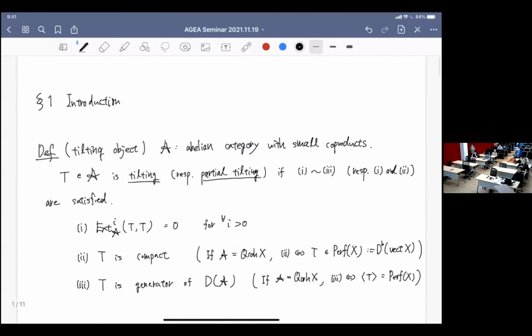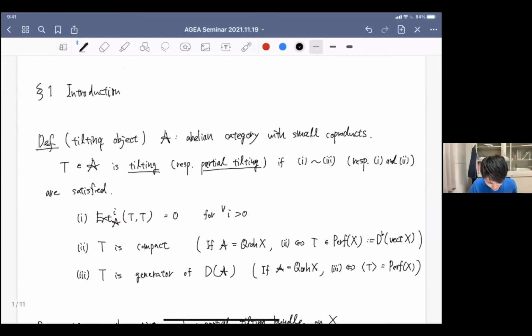Okay, so I recall the definition of tilting object. Let A be an abelian category with small coproducts.